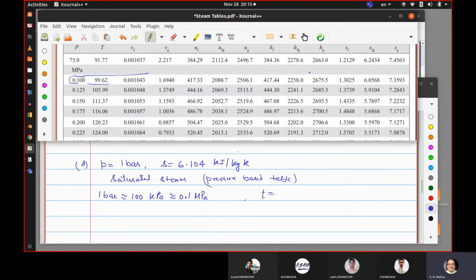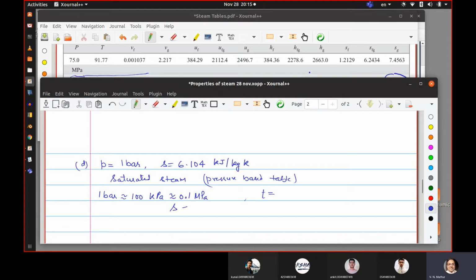The entropy is 6.104. If you look at the entropy here, the value of the entropy given in the question is less than the entropy of saturated steam corresponding to the given pressure, that is 1 bar.